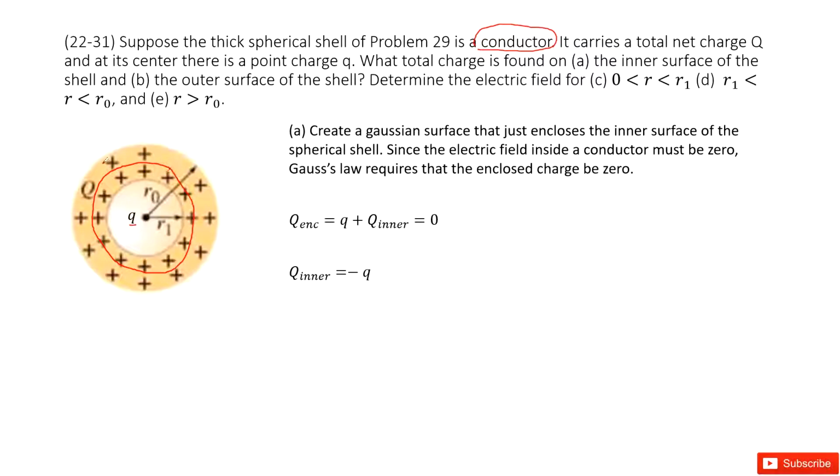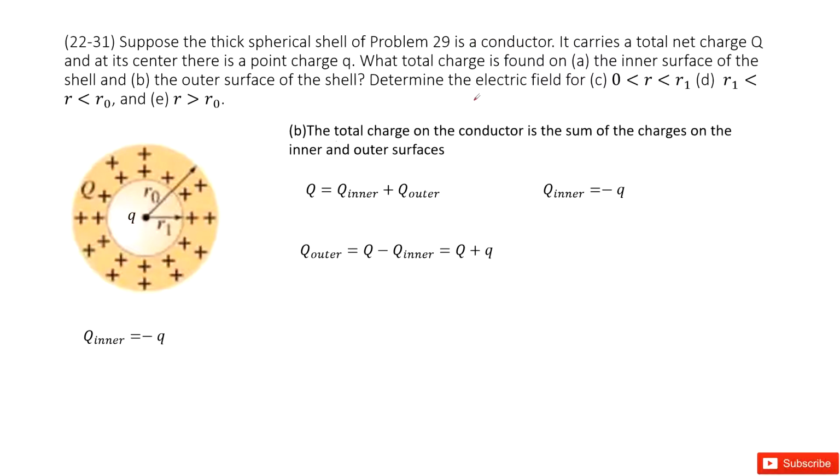So if we draw a Gaussian surface, the enclosed charge must be zero. Agree? Yes. The enclosed charge includes the small q, so there must be a negative q on the inner surface. Agree? Yes.